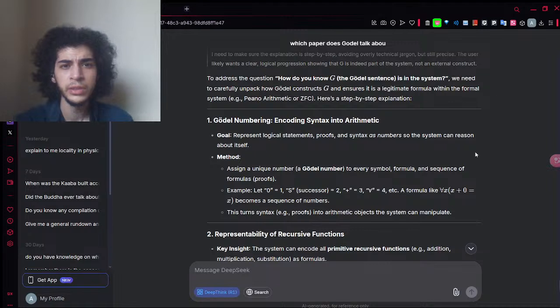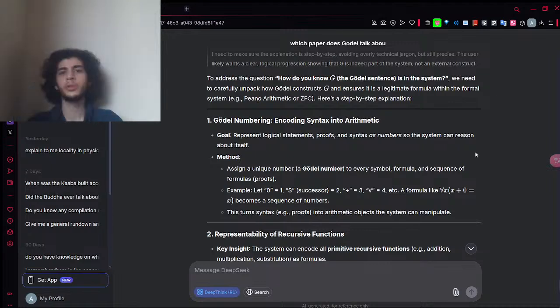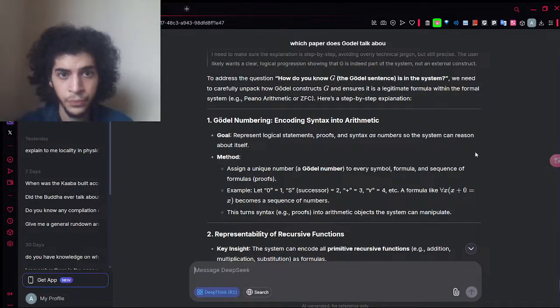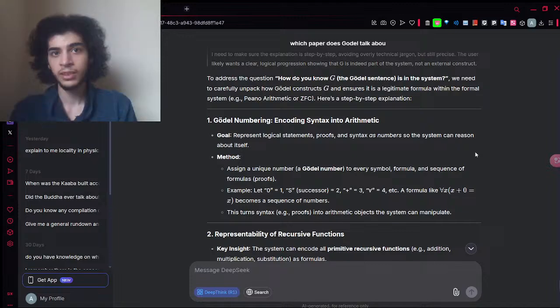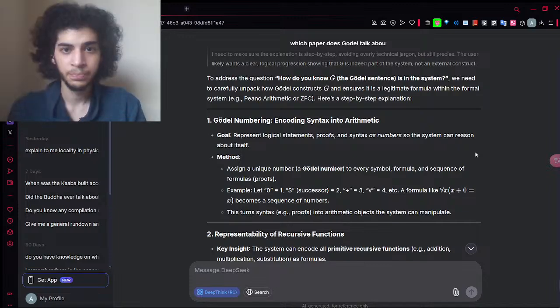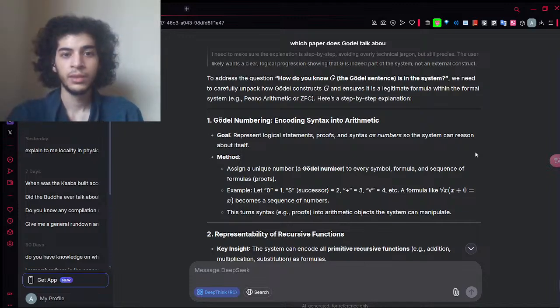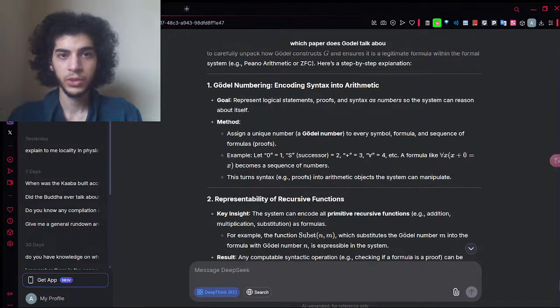To address the question, how do you know G, the Gödel sentence, is in the system? We need to carefully unpack how Gödel constructs G and ensures it is a legitimate formula within the formal system. Here's a step-by-step explanation. So right now, I'm still unpacking Gödel's theorem. First incompleteness theorem.